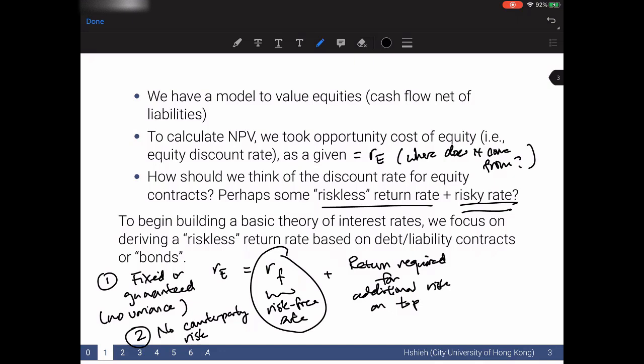Okay, so let me reiterate again. RF is going to be derived from a riskless asset, namely, it's going to be derived from bonds. Okay, and more specifically, it's going to be derived from bonds that are issued from institutions that, number one, offer a bond in which the interest rate is fixed or guaranteed or known beforehand at the time of issuance. And number two, there is no chance that they will default or fail to service the debt that they issued to the markets.